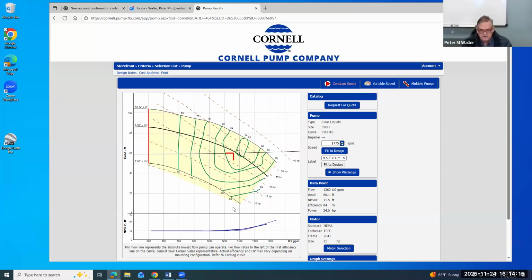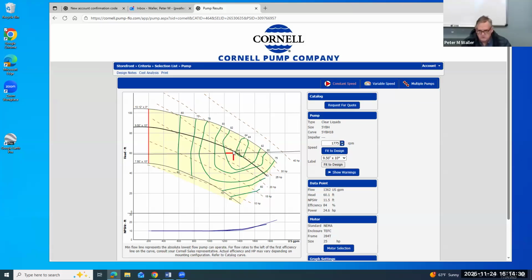So anyway, we found our pump. This is great. And this even gives us a little bit extra if we need it, which is nice because we maybe should have added a few more feet of safety factor.